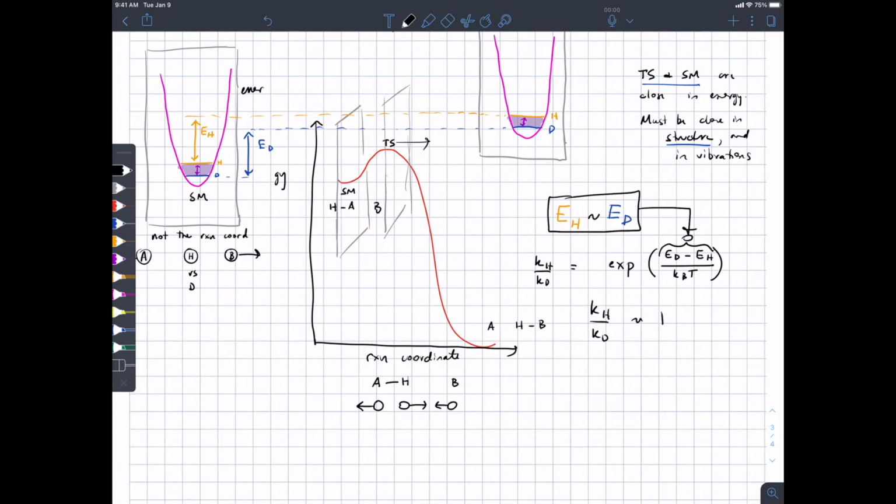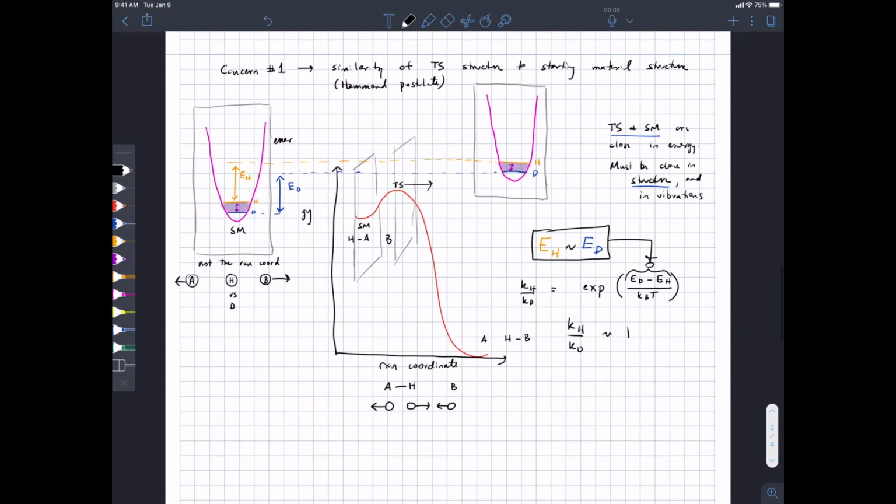All right. And there's other scenarios you can imagine. If the reaction were very endothermic, and if the transition state instead resembled the product, but the bond strength and vibration in the product were pretty similar to the starting material, we might also expect to not see a very good kinetic isotope effect.